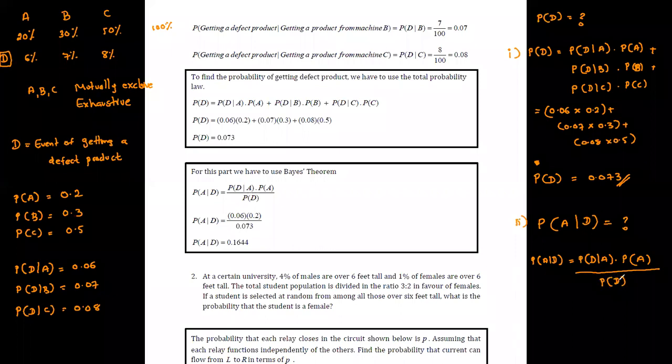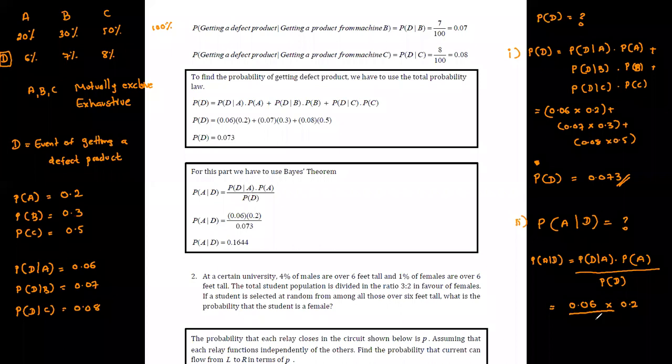There is no need to calculate these quantities, because in the previous step we obtained a value for the probability of event D, the probability of getting a defect product. Therefore, if you substitute the values, probability of D given A is 0.06, multiplied with probability of A, which is 0.20.